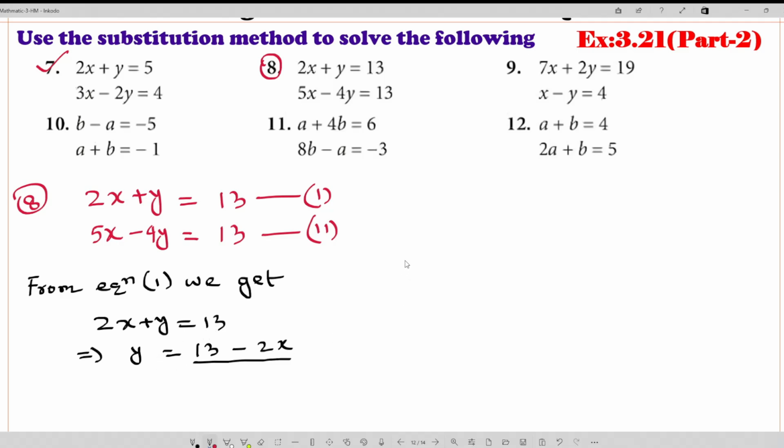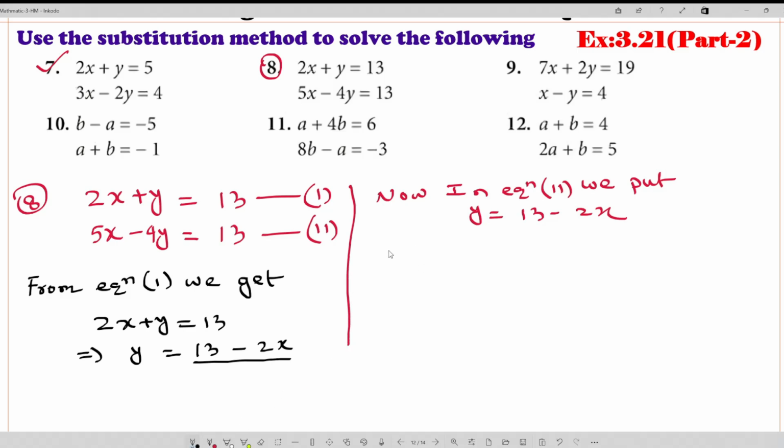So now in equation 2 we put y equals 13 minus 2x, right? So 5x minus 4y equals 13, and here 5x minus 4 times (13 minus 2x) equals 13.